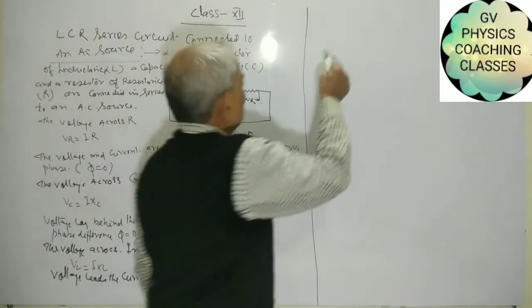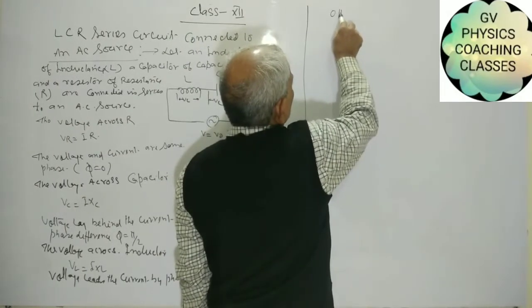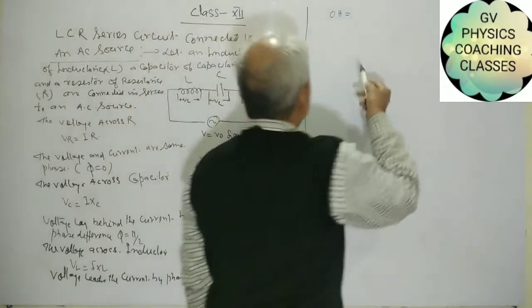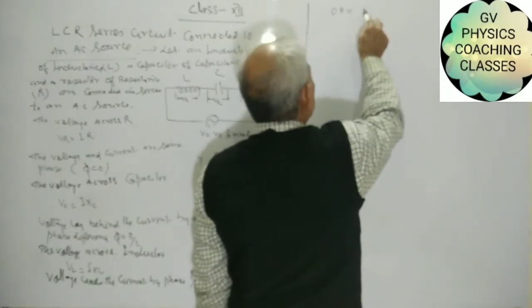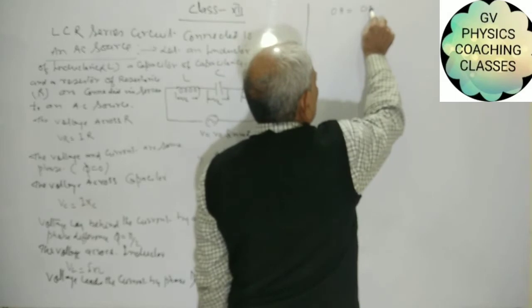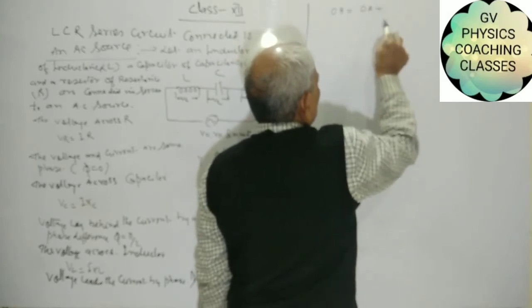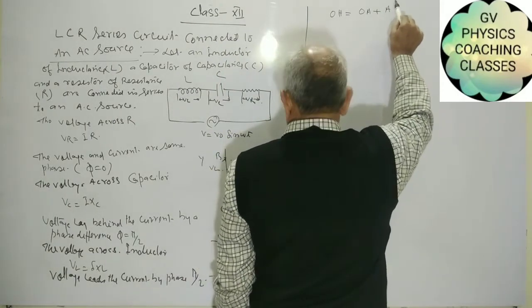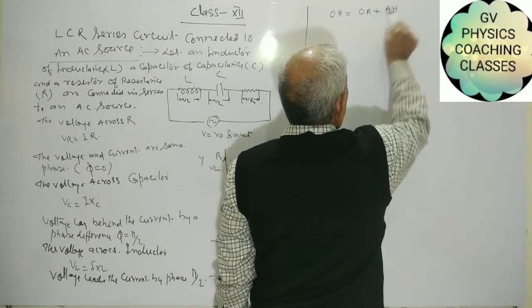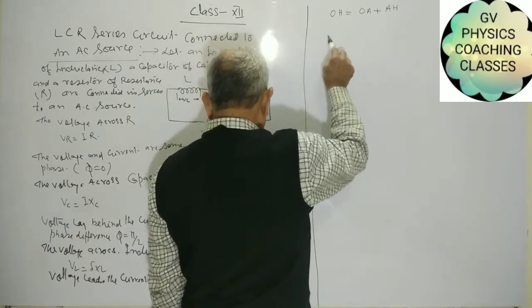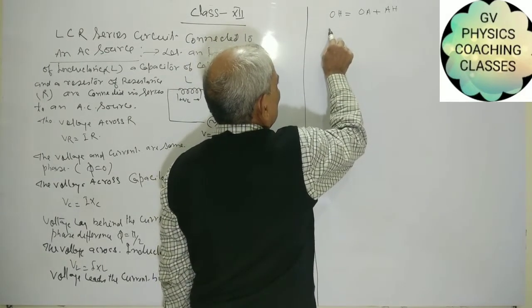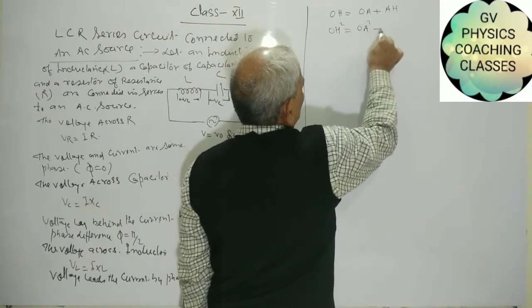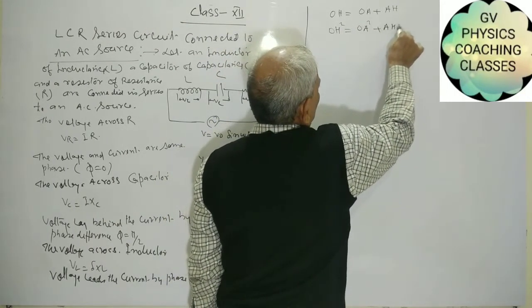OH square is equal to OA square plus AH square.